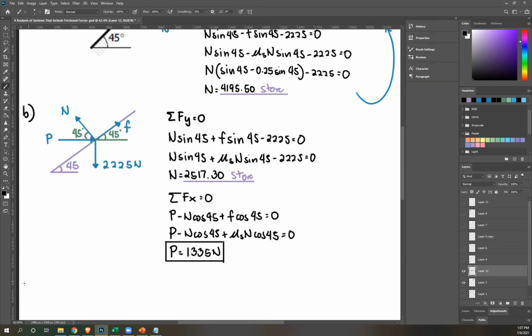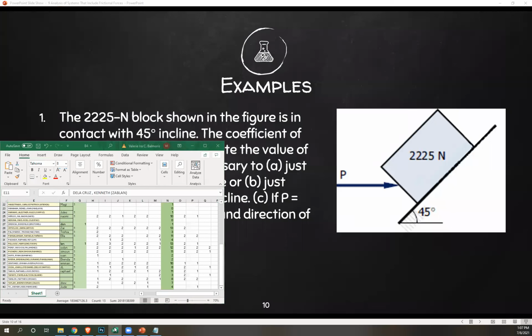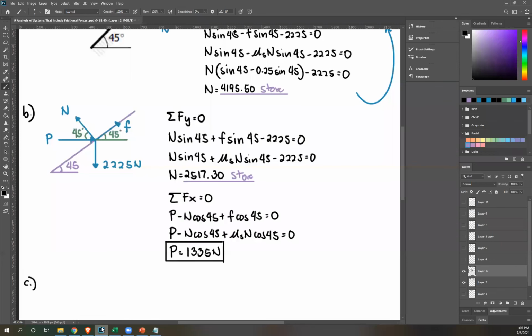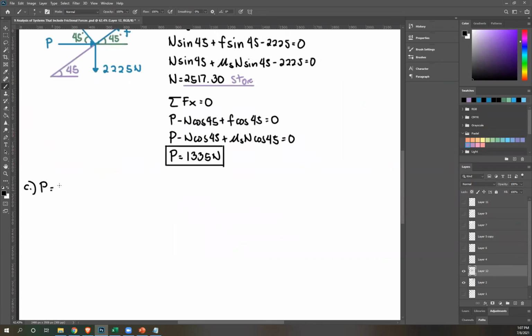Okay. That's B. And then lastly, letter C. If P is 1780, what is the amount and direction of the friction force? Okay, so P is 1780.